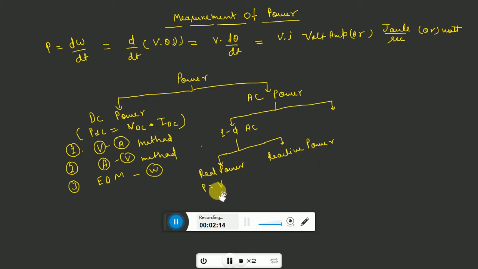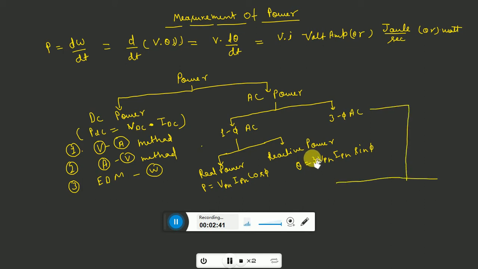So here basically P = V_phase I_phase cos phi, and reactive power Q equals V_phase I_phase sin phi. The 3 is used for 3 phase, so erase this 3.